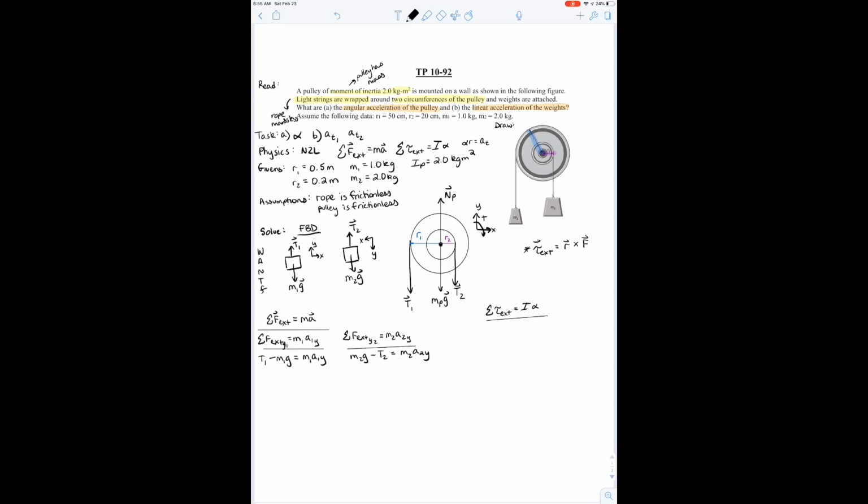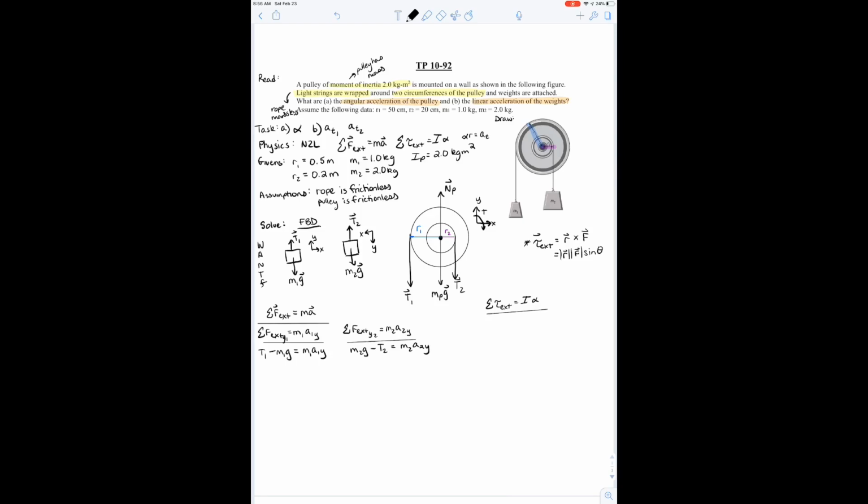For my problem, the normal force and the weight force of the pulley don't have a position vector. The magnitude of the position vector is going to be equal to 0. And so in that case, there's going to be no torque from them.